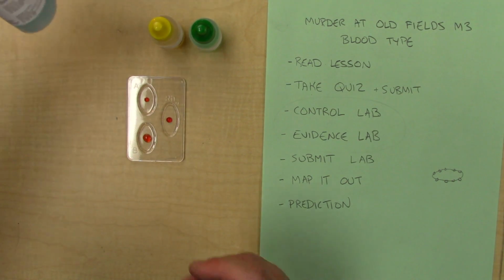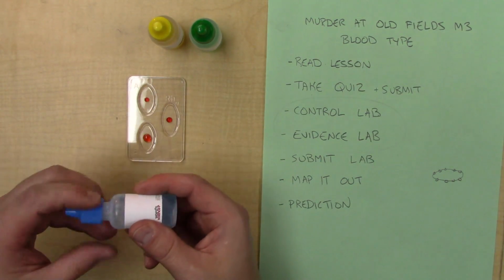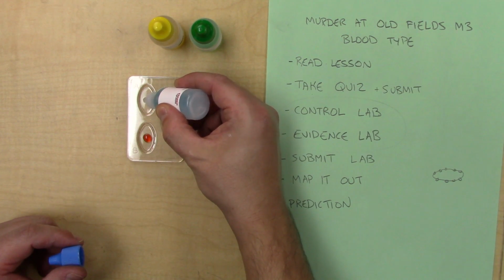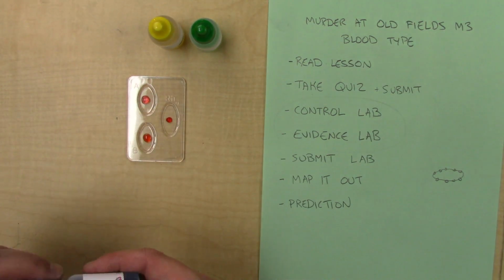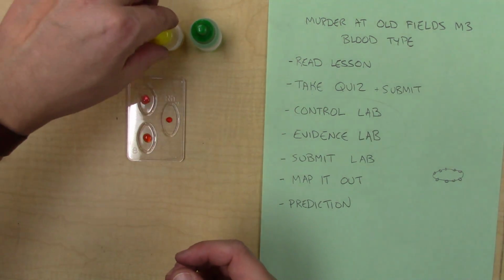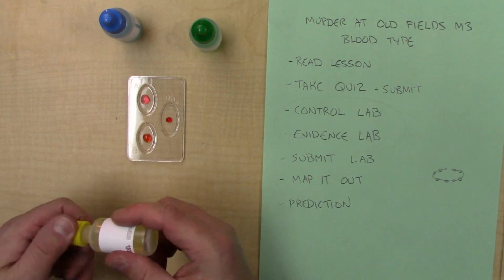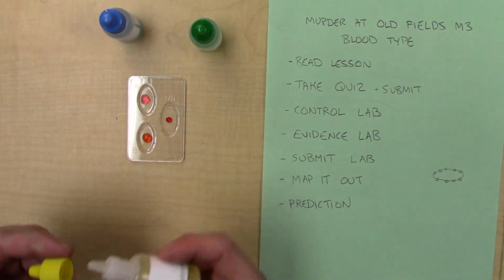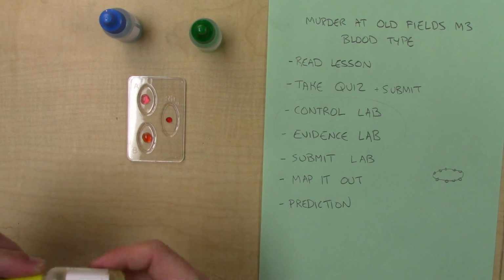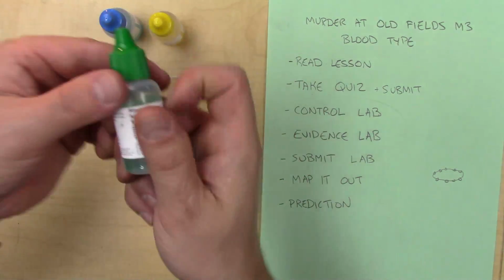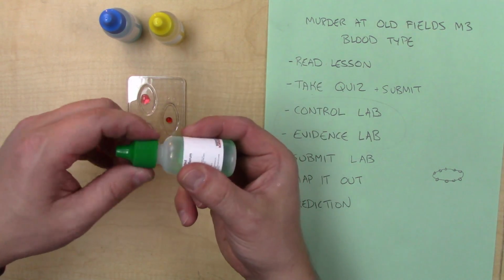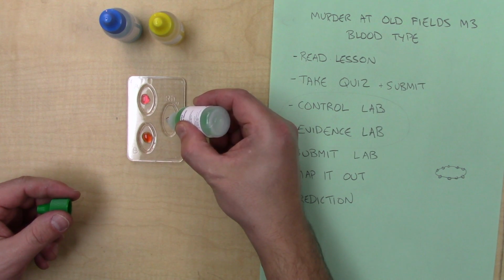Now look at this. I can take the A test serum, and I will put a drop on his blood. I will take the B test serum and put a drop of that in the B tray. And I will take the RH test serum and see if it's positive or negative.